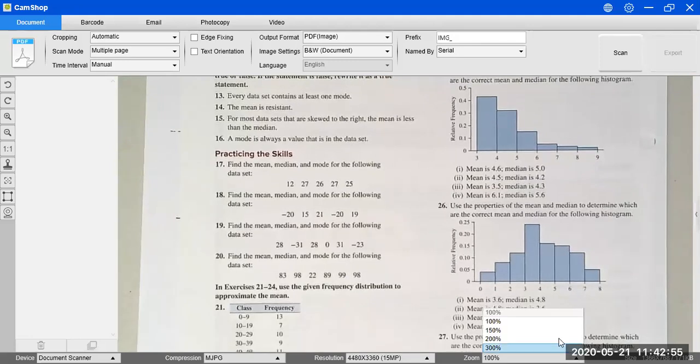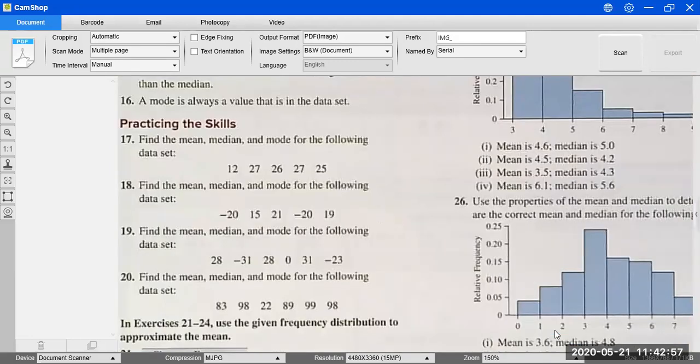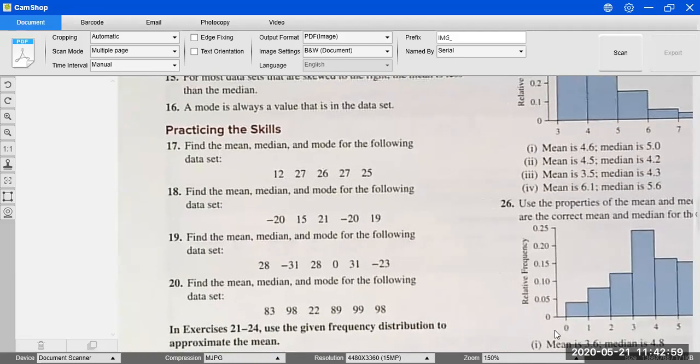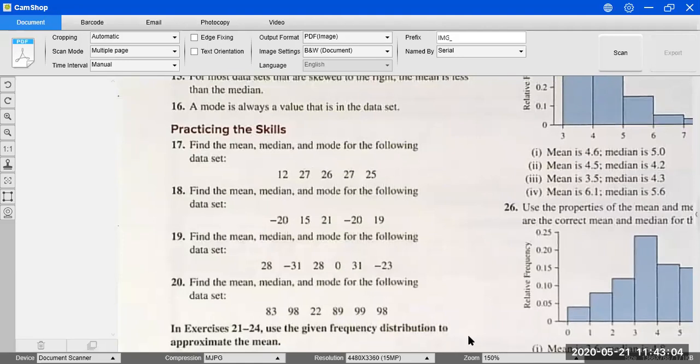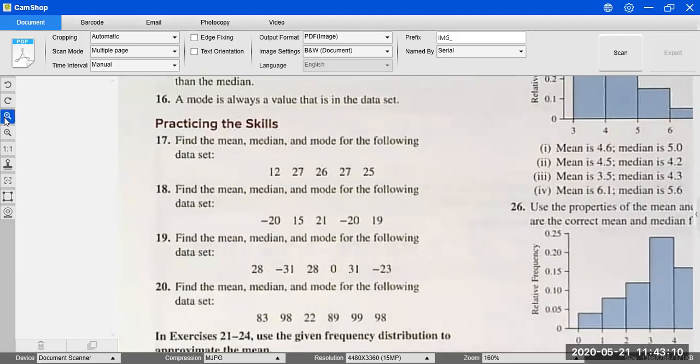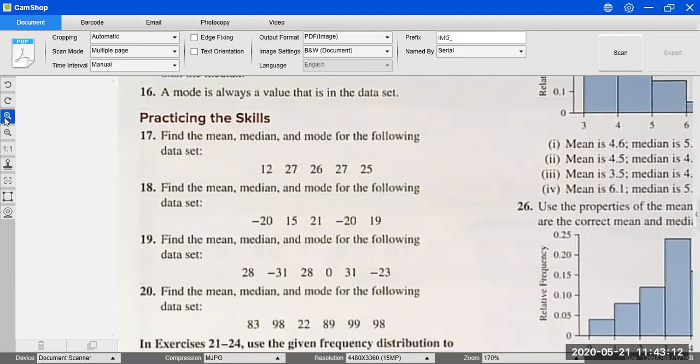It's about finding the mean, the median, and the mode. So work on these 4 problems, and then we're going to continue with this lecture.